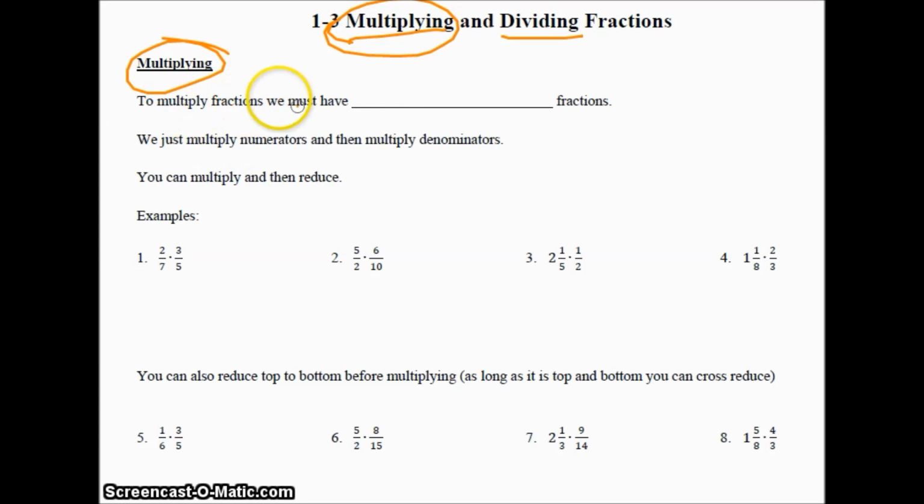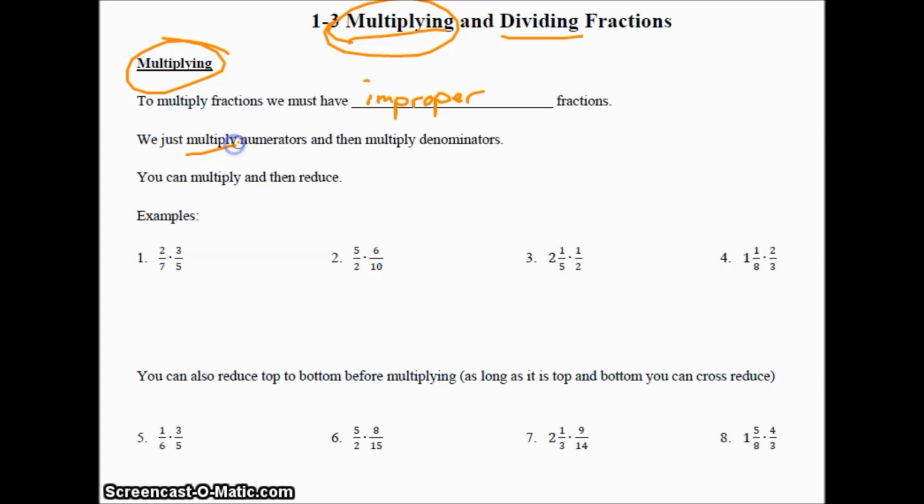So to multiply fractions, we must have improper fractions. So again, just like adding and subtracting, improper fractions help out. Improper fractions make it so much easier. So every single problem here, I'm either going to have improper fractions to start, or I'm going to create improper fractions. So all you need to know for multiplication is, can you multiply straight across?